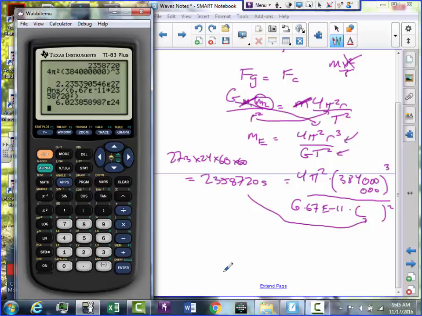Yeah, we were assuming it was a perfect circle, but we know now, according to Kepler's laws, that it's slightly elliptical. So, it's close, but the moon actually goes around the Earth a little bit further on one side, so it actually is slower on one side than the other. This is pretty close, but it's as good as we've got.